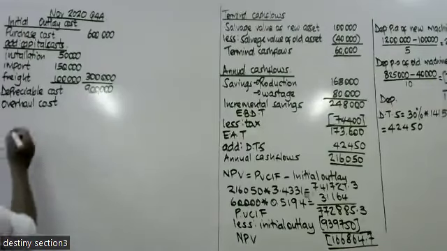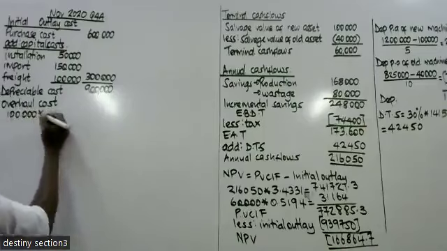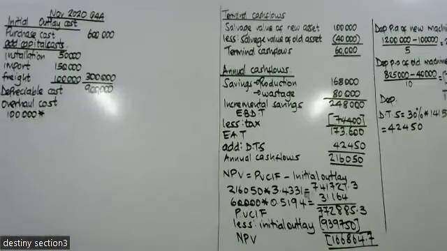You discount it at the cost of capital, which was how much? The cost of capital is what percent? 13%. For the third year, so go to your tables.